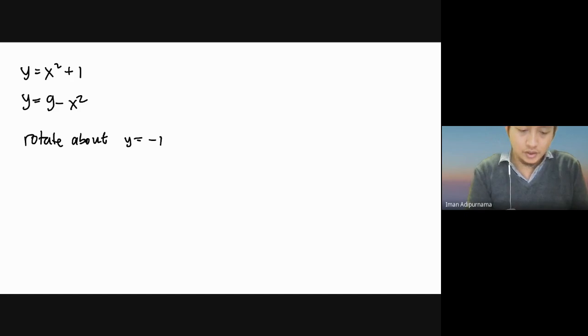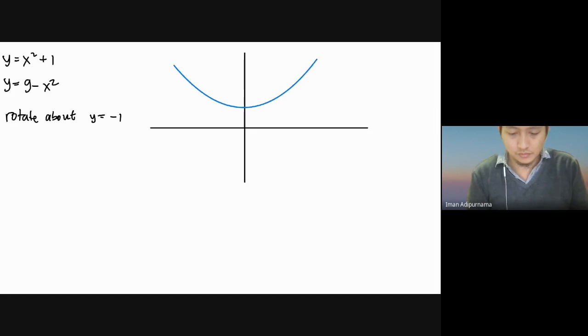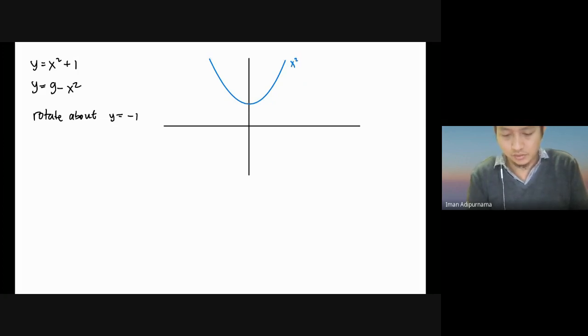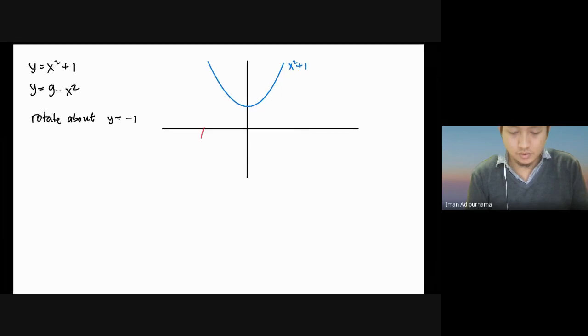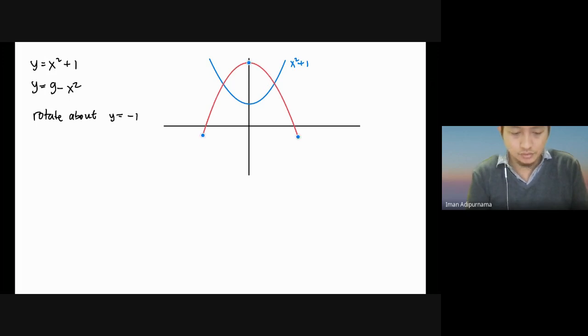If you look at the graph itself, let's say this is x squared plus 1, and the other one, although it's not really proportional, is 9 minus x squared, and y equals -1 will be there.